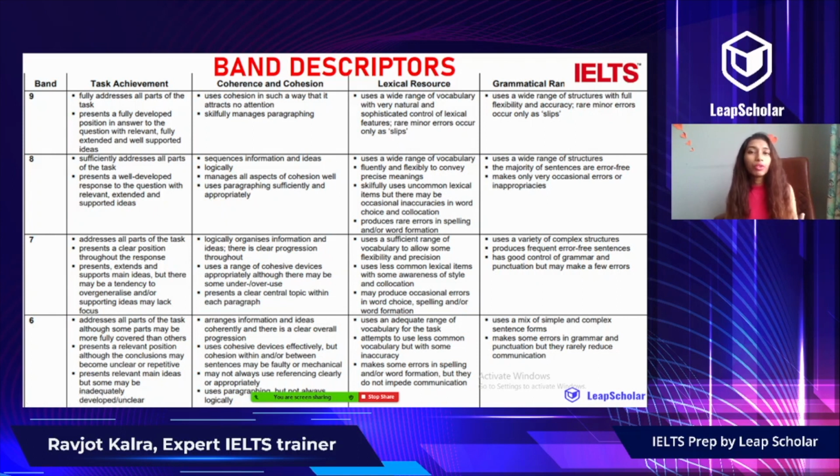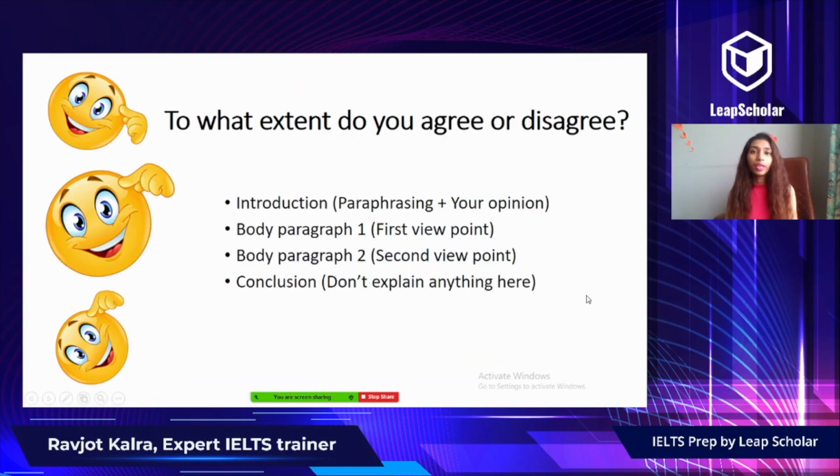What kind of vocabulary should be used? And then grammatical range and accuracy, where you have to understand what kind of sentences should be used: tenses, articles, active, passive, collocations, and complex sentences as well. So please go through these band descriptors before you start writing. While writing, just keep these band descriptors in your mind to achieve good scores. This will really help you.